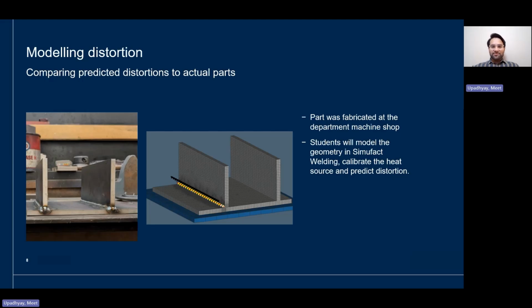Again, it's a fairly simple model that can be built using the shapes or the primitives available within the software itself. And they're able to build that model and simulate the welding distortions based on the process conditions that are given to them, based on how the part was made as well.